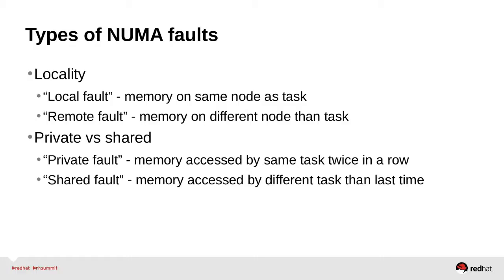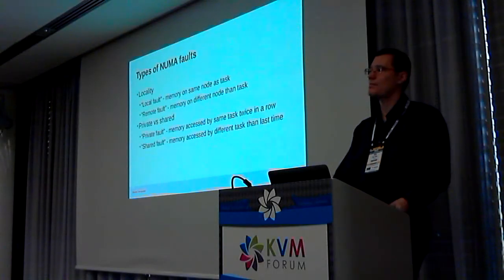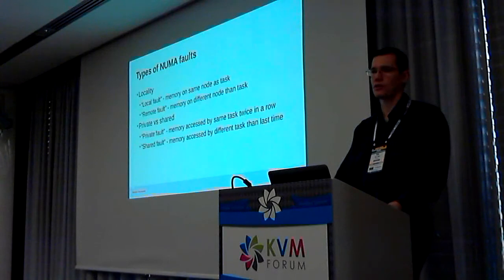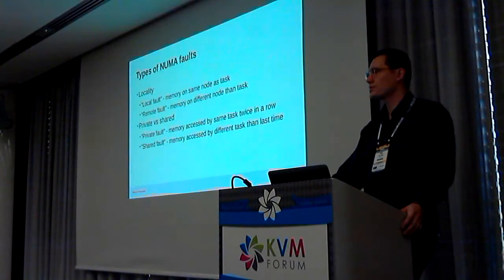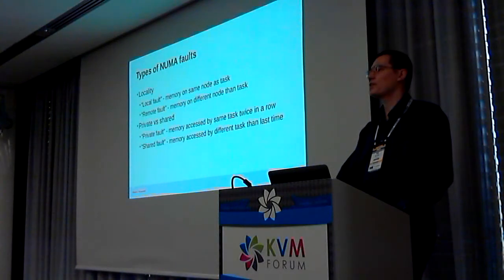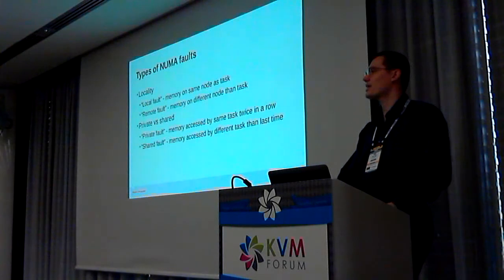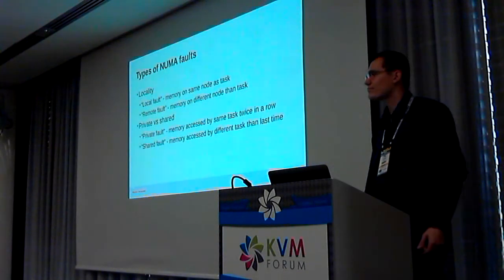And we get a bit of a classification of the faults going on as well to tweak other things in the policy. We track whether a fault is local or remote. If it is on the same node where the task is running, it's local. If a program has almost all local faults, that means that we don't have to do anything else with the NUMA code because it's already running in an optimal way, and then at that point we can slow down the scanning.